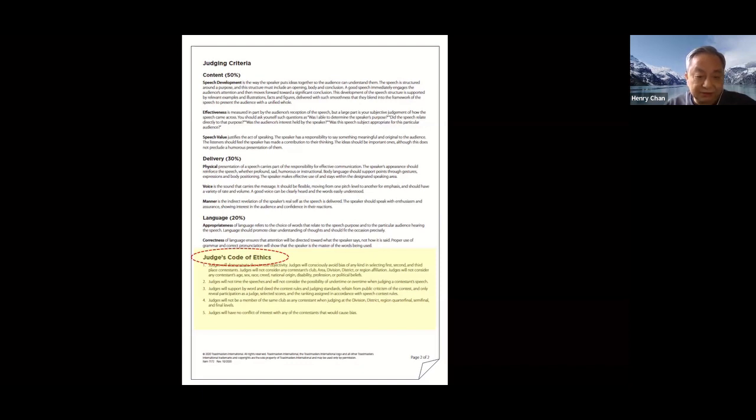Judges will not consider any contestant's club, area, division, district, or region affiliation. Judges will not consider any contestant's age, sex, race, creed, national origin, disability, profession, or political beliefs.